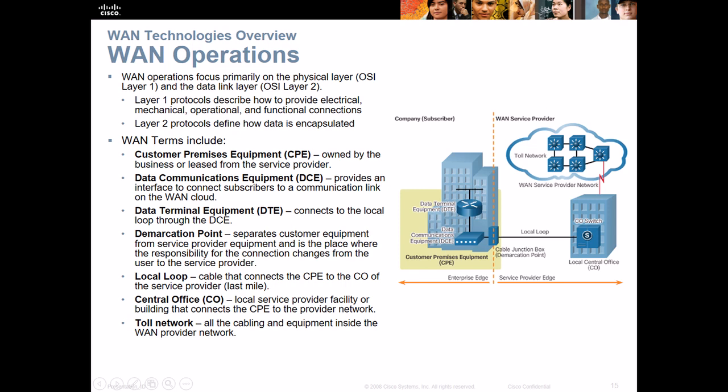The DTE, the data terminal equipment, is the one that's going to be on the other side. The DCE is the one that sets up the clock rate that says, for example, hey, I want to transmit at 64,000 bits per second. That's how much data I'm going to be sending out and receiving. And the DTE device on the other end is going to accept that. So the DCE is the one that provides the interface that connects to a communication link.